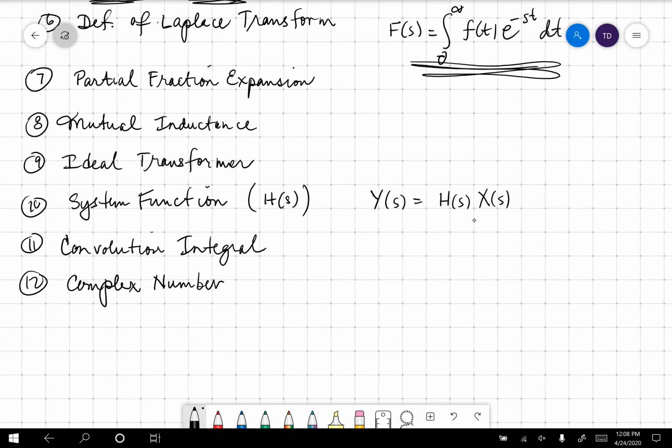I think I could do some things with regard to Laplace transforms that don't have to do with circuit analysis as well, or some partial fraction expansion. That's just mathematics. So we dealt with complex numbers, we dealt with singularity functions, and building other functions with singularity functions.